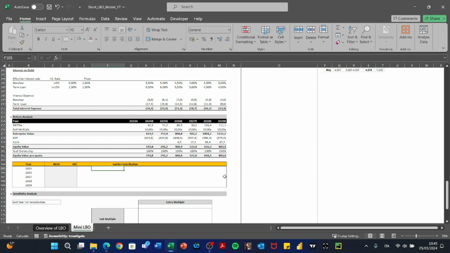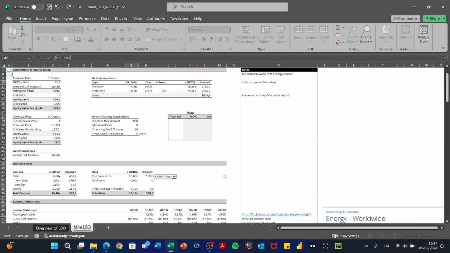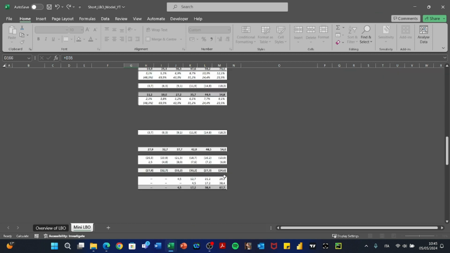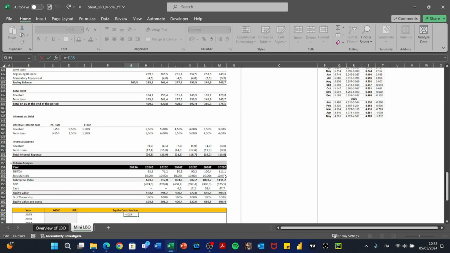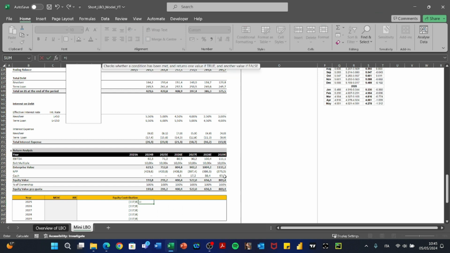So let's put here the equity from this figure, minus, and then plug that, right? Yes, plus, is equal to that, then using this, it was equal to 0.